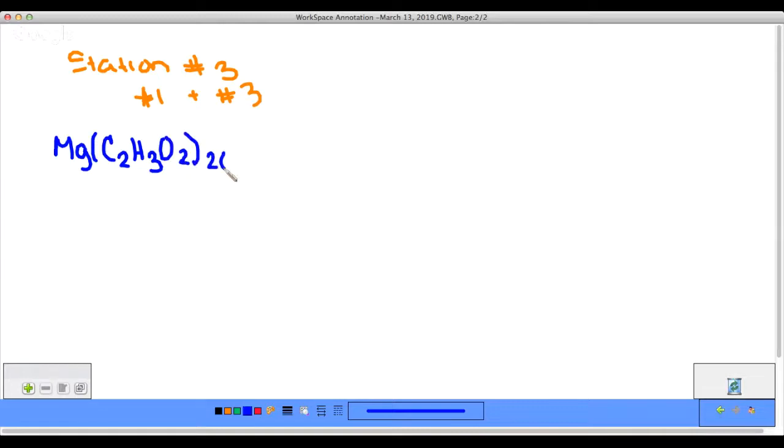and this would be a 2, and this is aqueous, because we are told that it's a solution. And we have water, and this is a liquid. And then what's going to happen is, if you think of water as being HOH, we're going to have magnesium hydroxide.